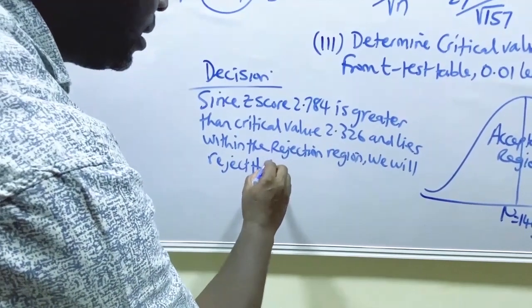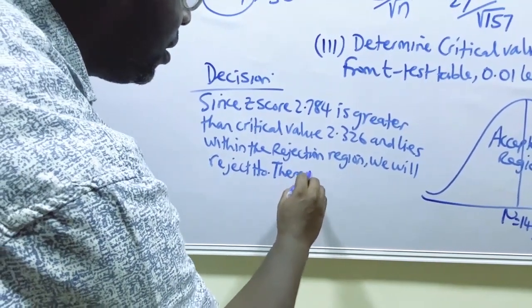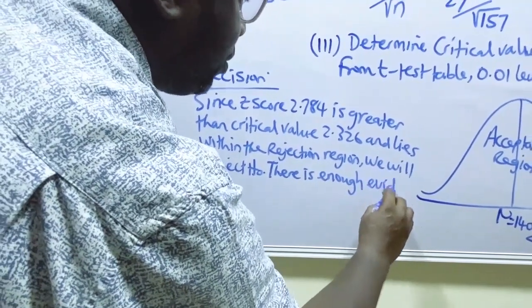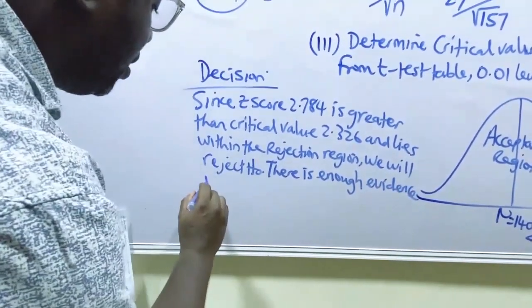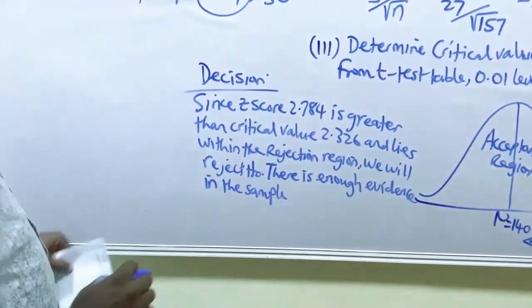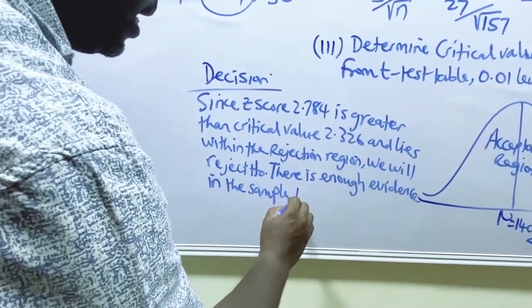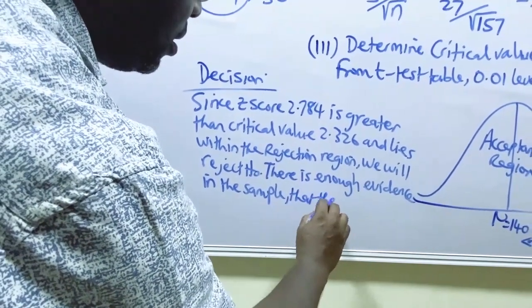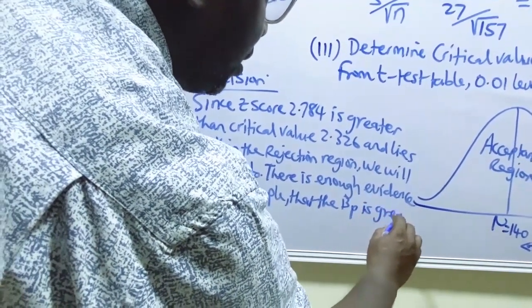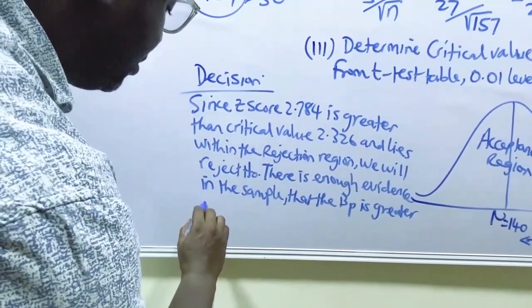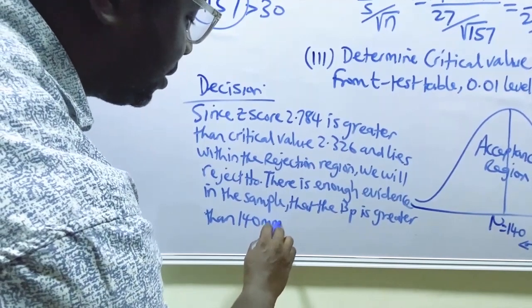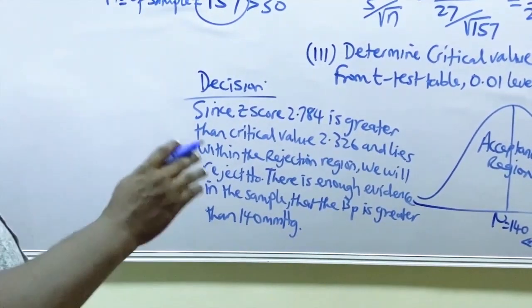It means that there is enough evidence in the sample that the BP is greater than 140 millimeters of mercury. So this is our decision.